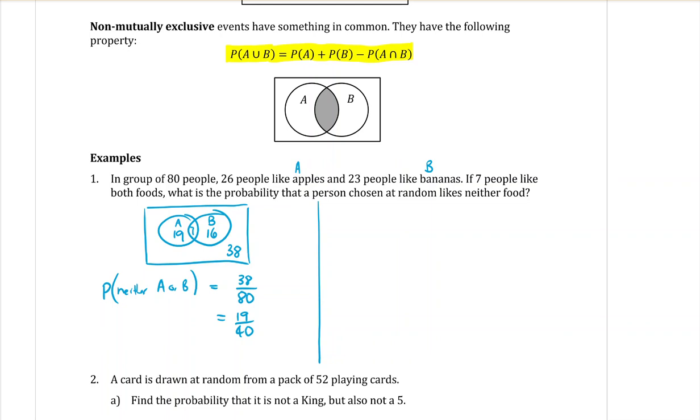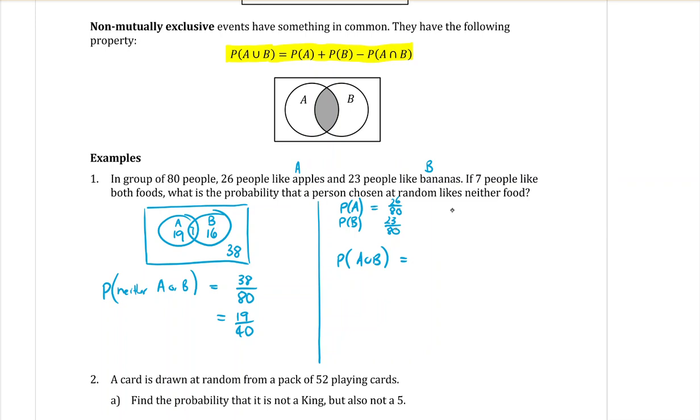So the first thing I'm going to find is the probability of A or B. To do that, I need the probability of A and the probability of B. From my information, there were 26 apples out of 80. So 26 out of 80 are apples. That's my probability of A. The bananas, there were 23, so 23 out of 80 are bananas.